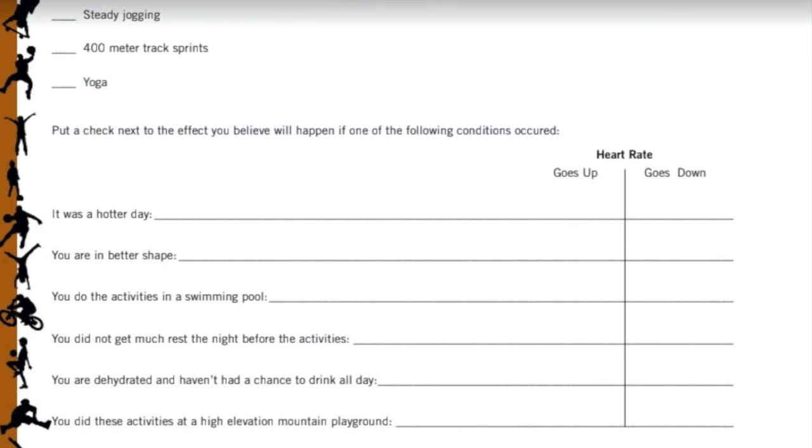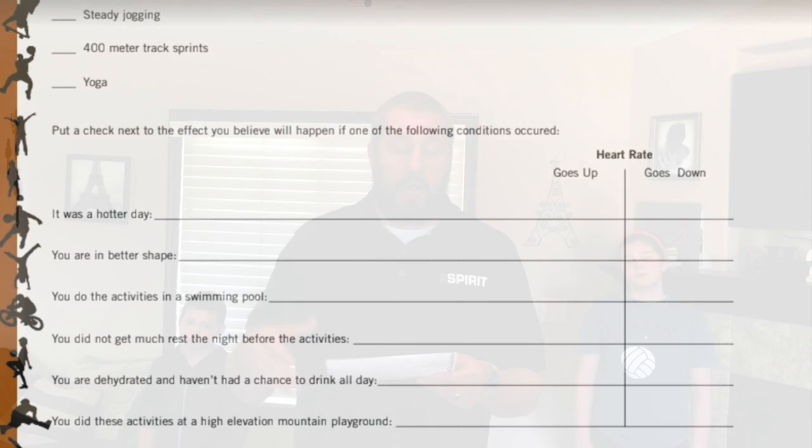That's another condition kids can think about, whether their heart rate is going to go up or down. And what if you did these activities at a high elevation on the playground? These are just some quick check for understanding activities you can do with your kiddos to see if they understand the lesson as a whole.